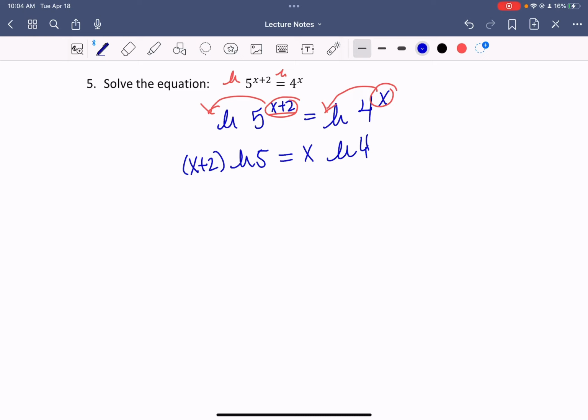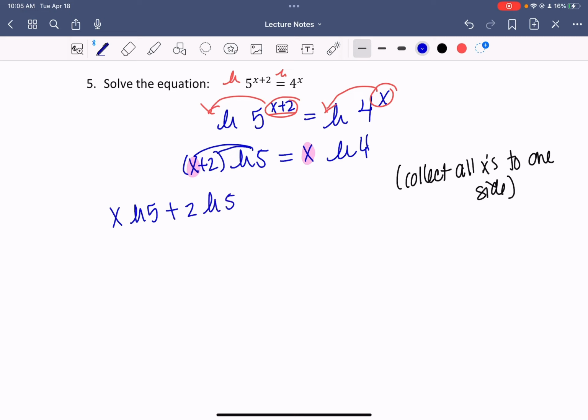Now my goal is to solve for x, and I have these x's right here and right here. So what I want to do is collect all x's to one side. So let's go ahead and maybe distribute this out. That gives me x ln 5 plus 2 ln 5 equal to x ln 4.